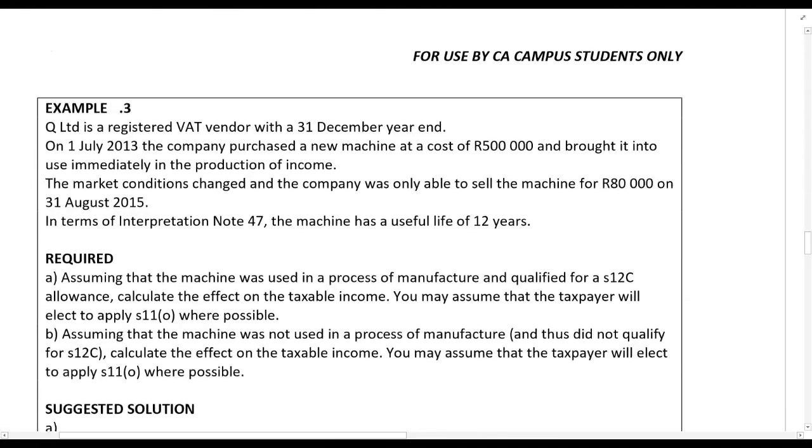Situation 3, Q Limited is a registered vendor with a December year end. They purchased a new machine for 500,000 rands, using it immediately in production of income. The market conditions changed and the company was only able to sell the machine for 80,000 rands. In terms of Interpretation Note 47, the machine has a useful life of 12 years. But now important, what happens if the machine qualified for the Section 12C allowance?